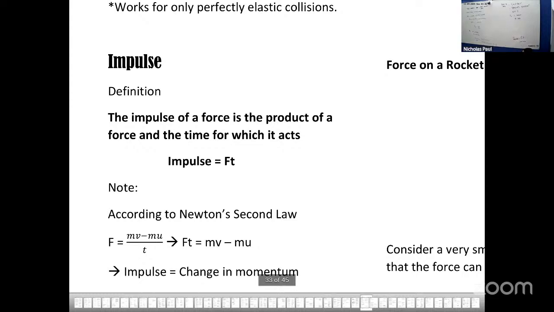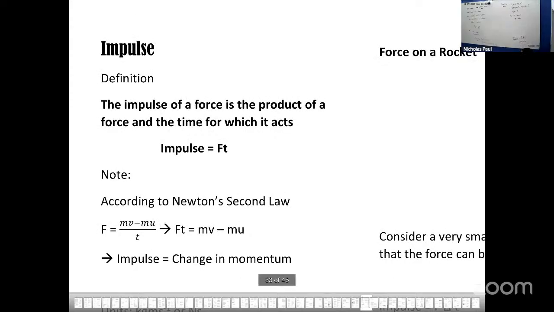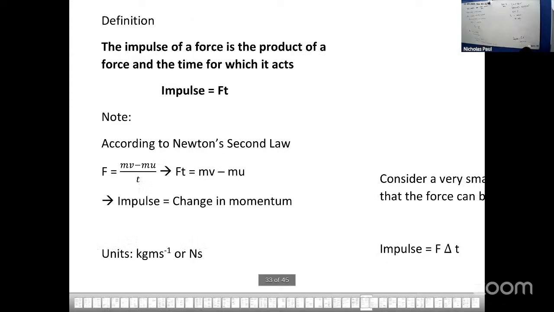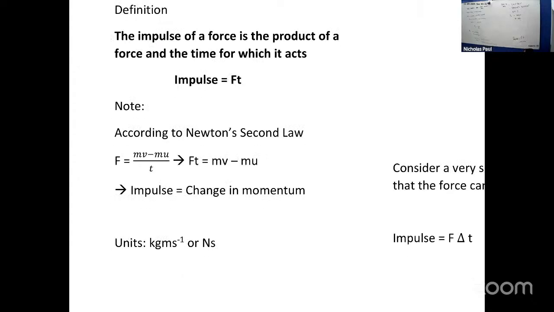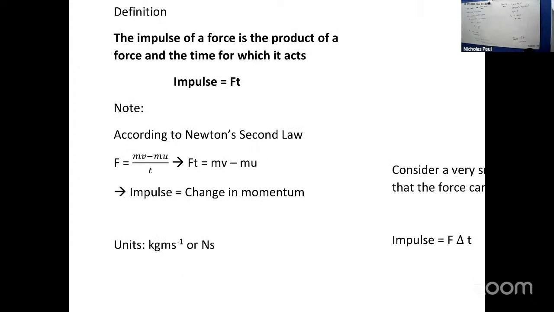So impulse is force by time. Note that according to Newton's second law, force by time is mv minus mu. So impulse is also known as the change in momentum. Everybody okay with that? The SI unit is kg m s^-1 or newton-seconds.